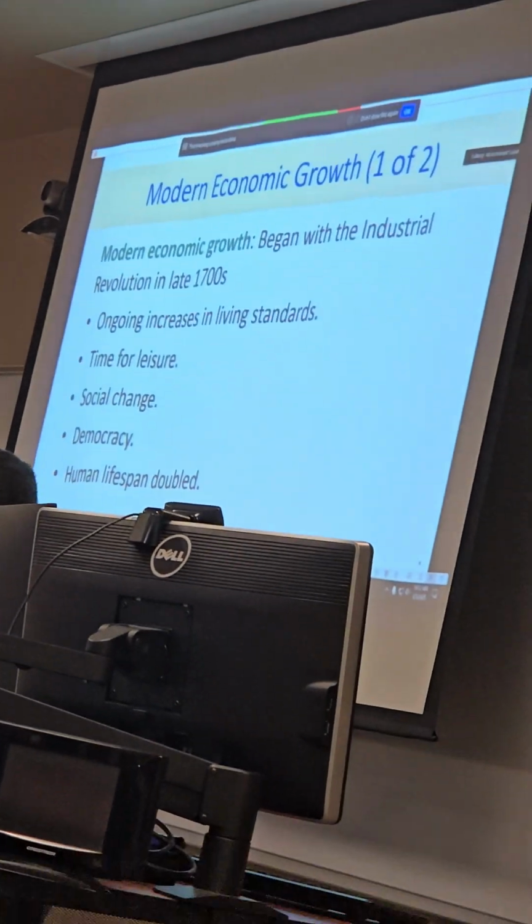Why modern? What happened before that? Well, before that, the growth rate of real GDP was almost the same as the growth rate of the population. And therefore there was no improvement in the standard of living.